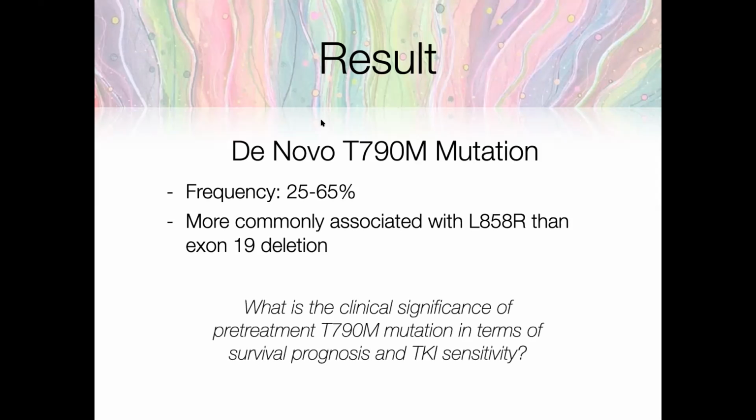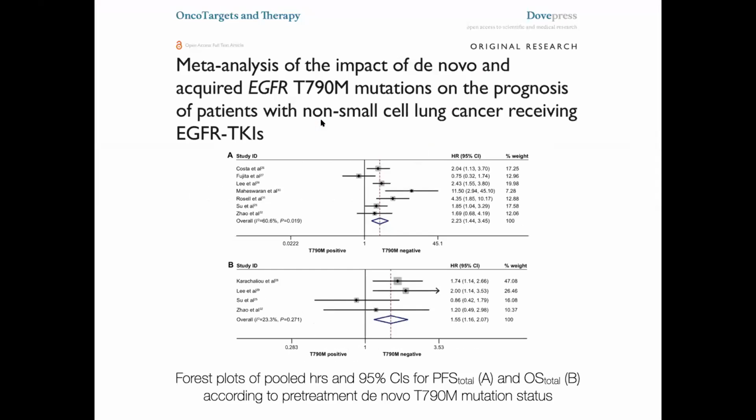So what is the clinical significance of this de novo T790M mutation in terms of survival prognosis, as well as TKI sensitivity? Well, based on this meta-analysis study, compared to the T790M negative patients, de novo T790M positive patients had significantly shorter total progression-free survival and total overall survival.